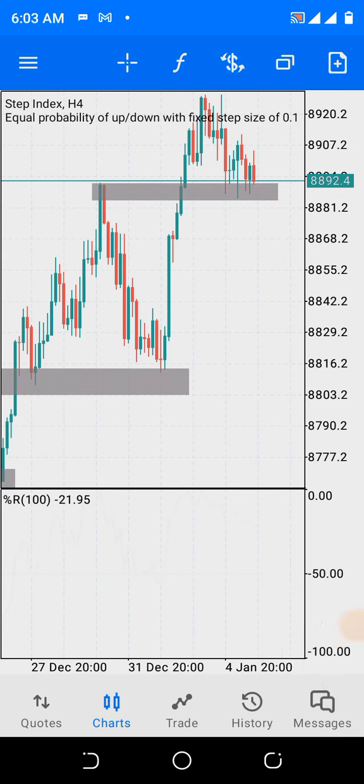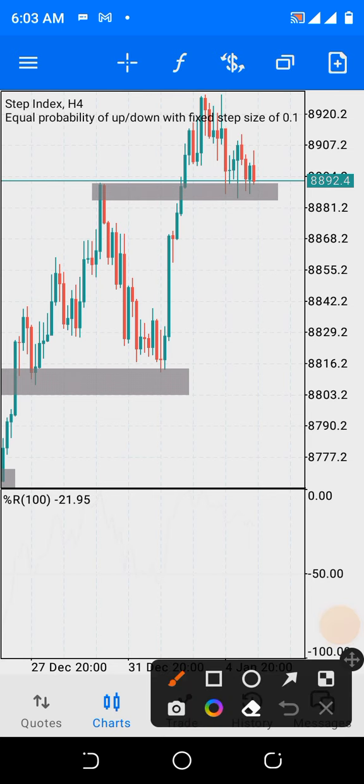As you can see, the price at this level, as it breaks here, retests it, gets rejected here, then it gets to this support level.